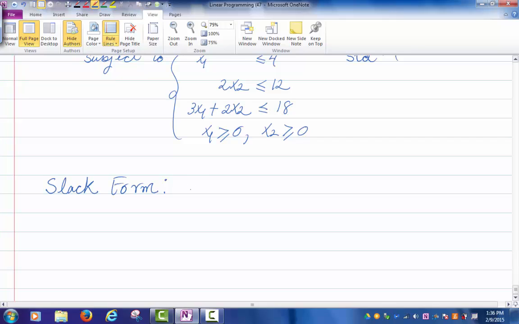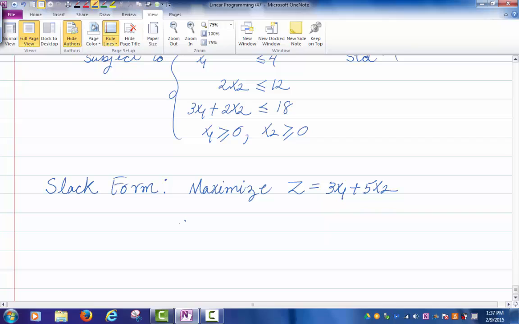It is still maximize z, which is 3x1 plus 5x2, and for the first inequality we see x1 is less than or equal to 4. So I'm going to introduce a new variable there.